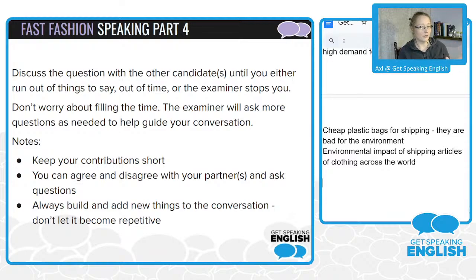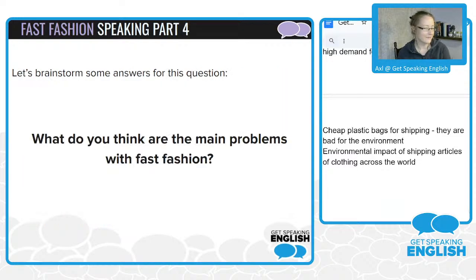So it's not a monologue, right? You want to engage in a nice conversation. Keep your contributions relatively short, but you can agree and disagree with what your partner says. You can ask them questions. If you are very strong at asking questions, I definitely encourage people to ask questions. Find ways to build on and add new things to the conversation so it doesn't become repetitive.